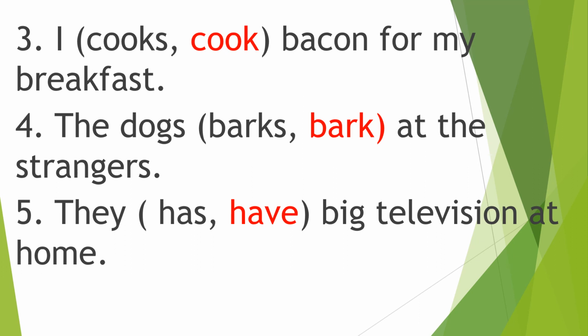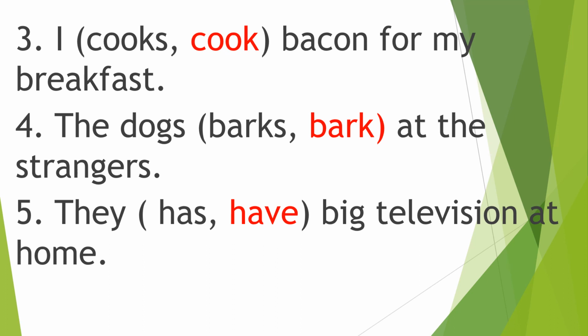Number 4, the dogs bark at the strangers. Now, the subject in the sentence is dogs, and it is in plural form, plural noun. So the correct verb that goes with it is bark, which is also in plural form.